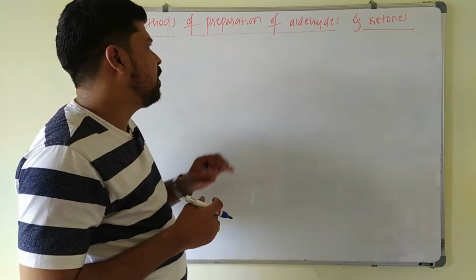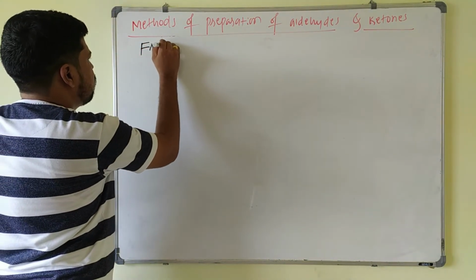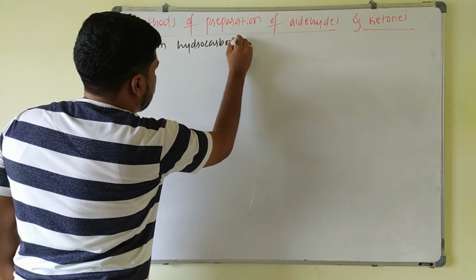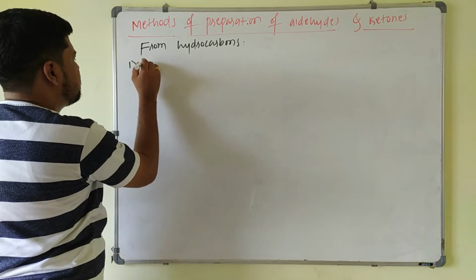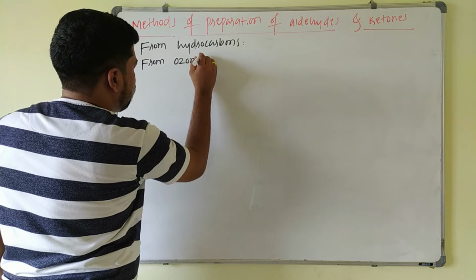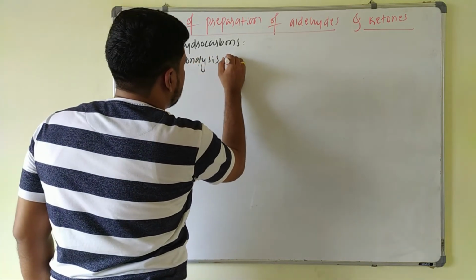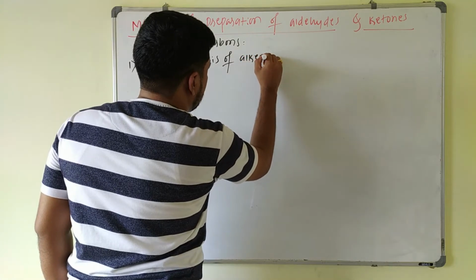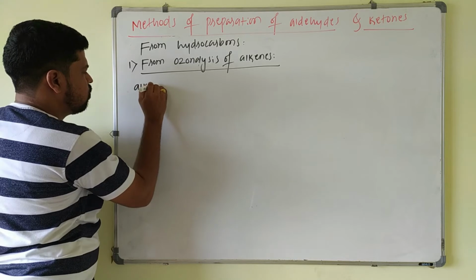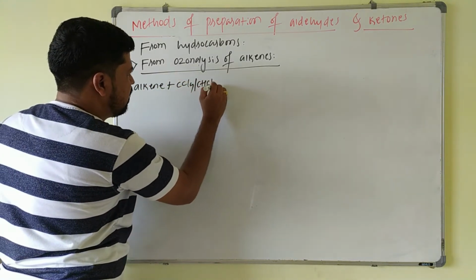The next method for the preparation of aldehydes and ketones is from hydrocarbons. In that, the first method is ozonolysis of alkenes. In this method, the alkenes are dissolved in an organic solvent like CCl4 or CHCl3.